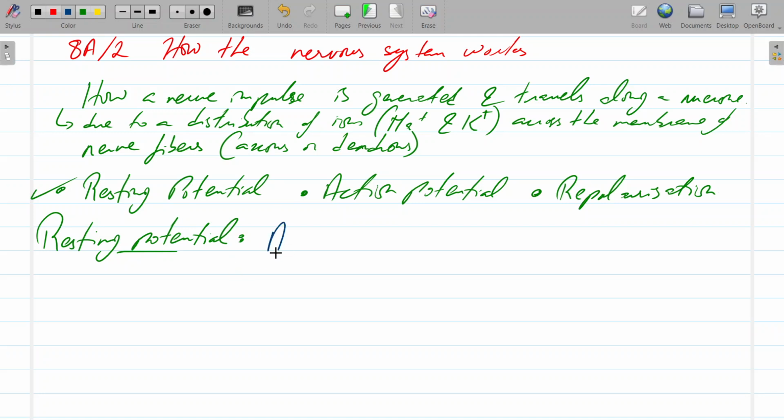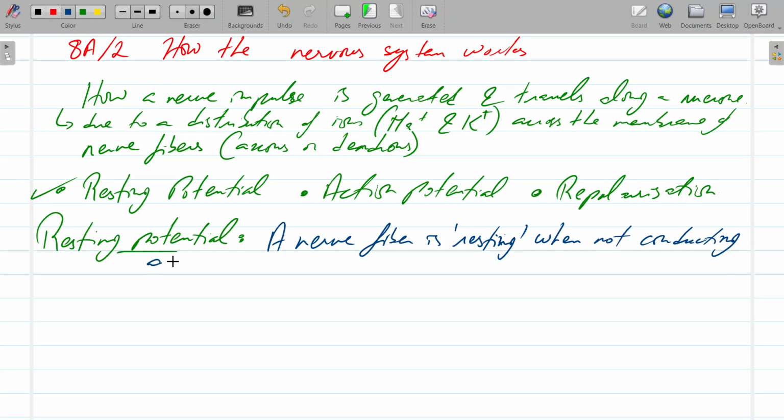So it is resting when not conducting a nerve impulse.